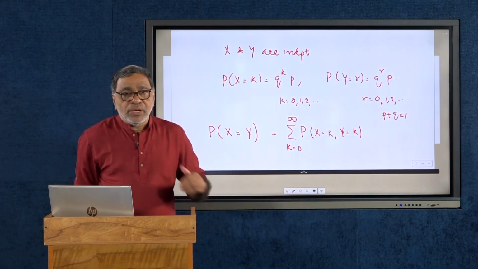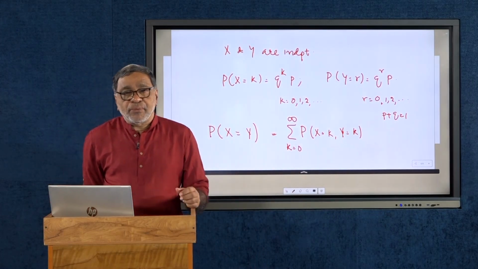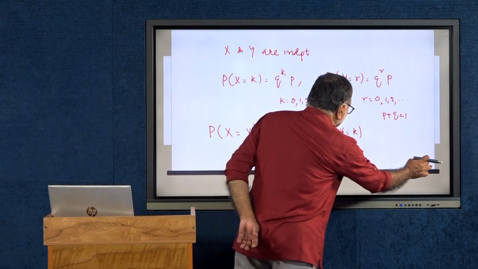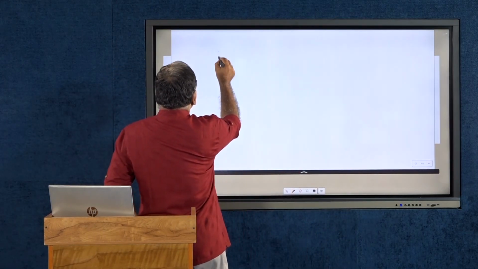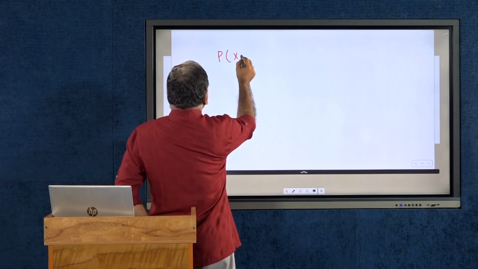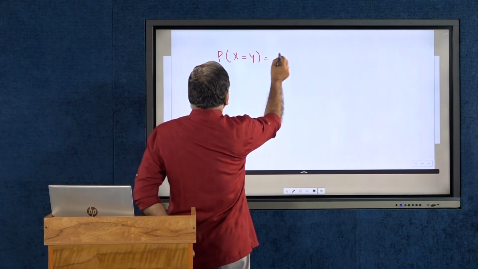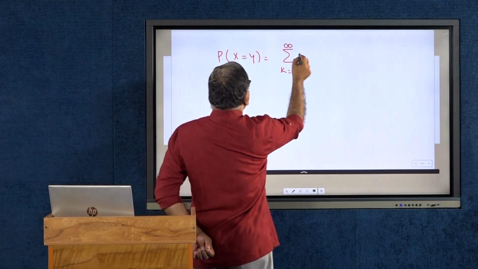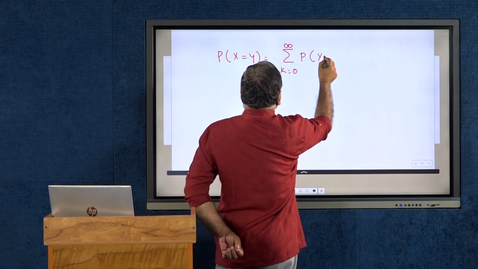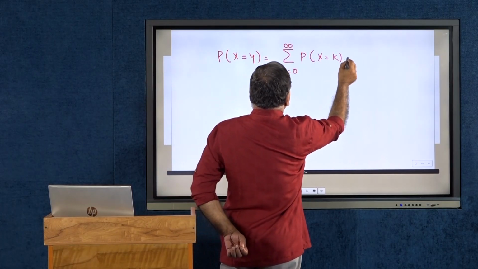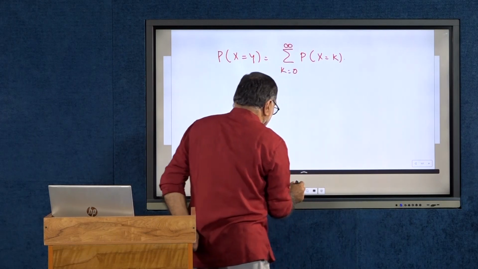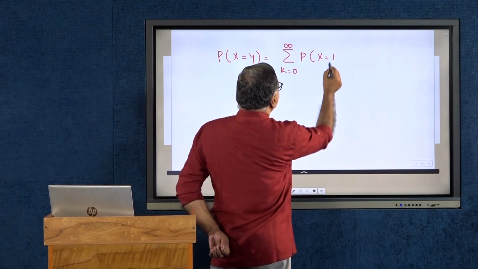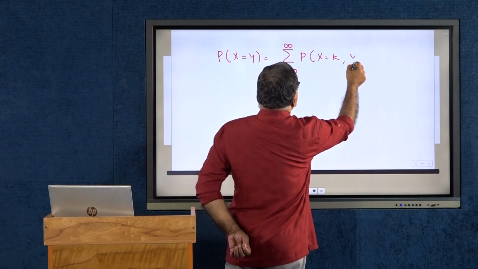So this is the way we find the probability of X equal to Y. So, probability of X equal to Y is sigma k equal to 0 to infinity, probability of X equal to k, Y equal to k.